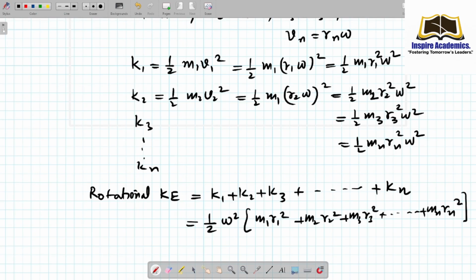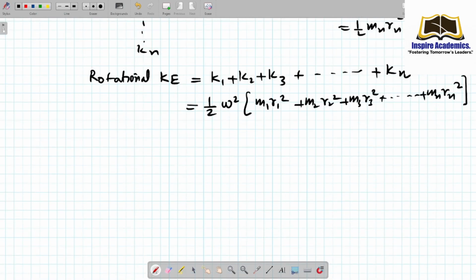Is this making sense to you or not? No answer. So my rotational KE is becoming half omega square sigma mi ri square, where i goes from 1 to n.